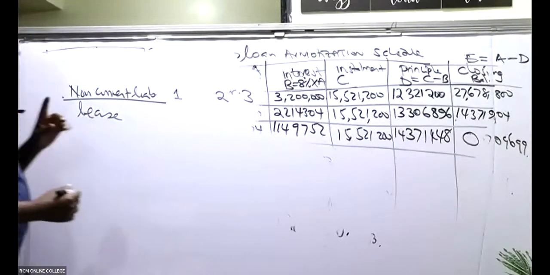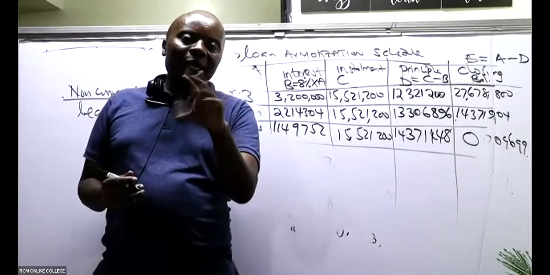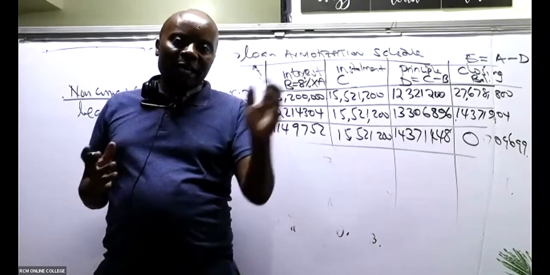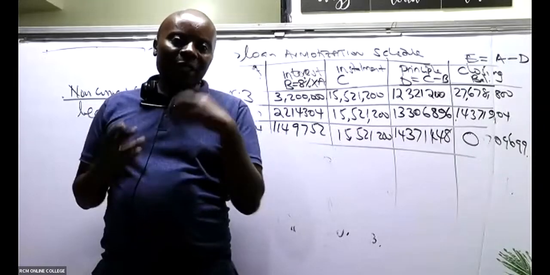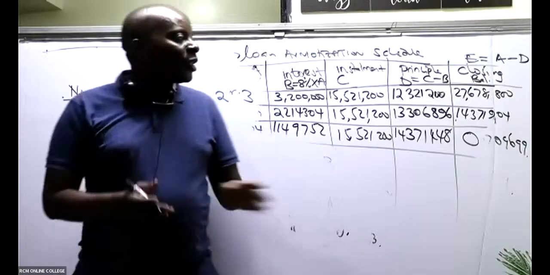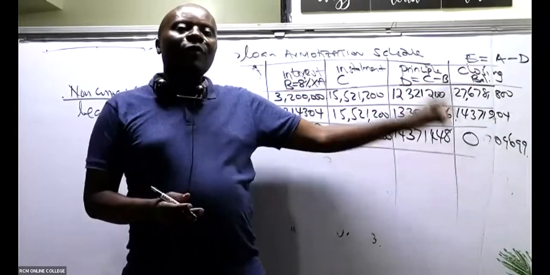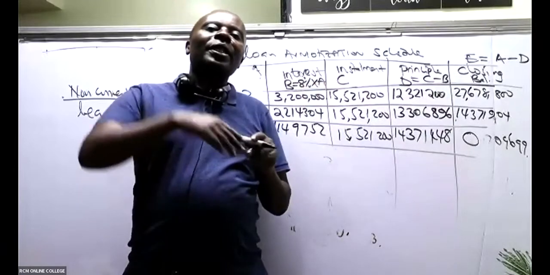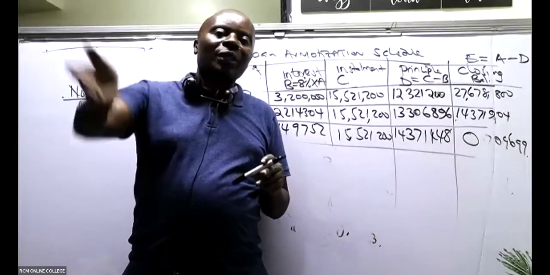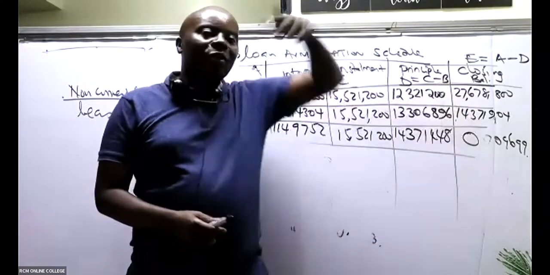You see, non-current means that we are going to take more than a year to pay. Any liability which spans more than a year is not current. Current is what will be paid within the year. So the first non-current liability is the one that is going to take us more than a year to pay. So this one, you see, 14, second year and onwards.